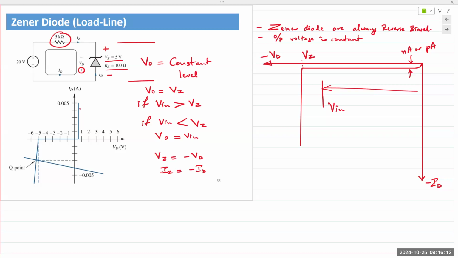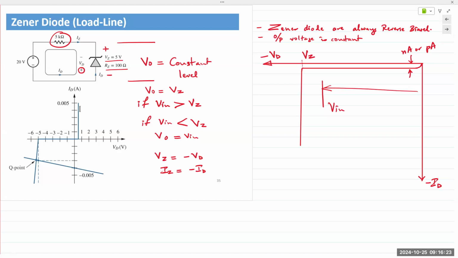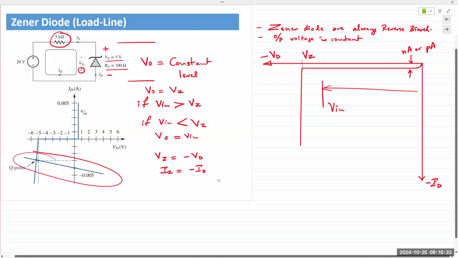We apply KVL and write out an equation for the circuit loop. We have two unknowns in there, which are the voltage and the current. We choose a value for one quantity to find the intersection point on the load line. So we plot the load line, which is already done here.